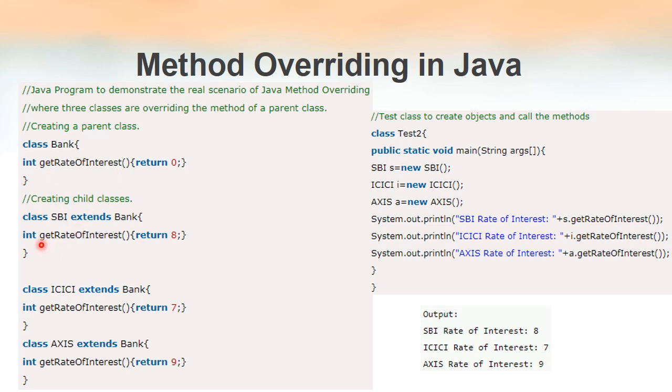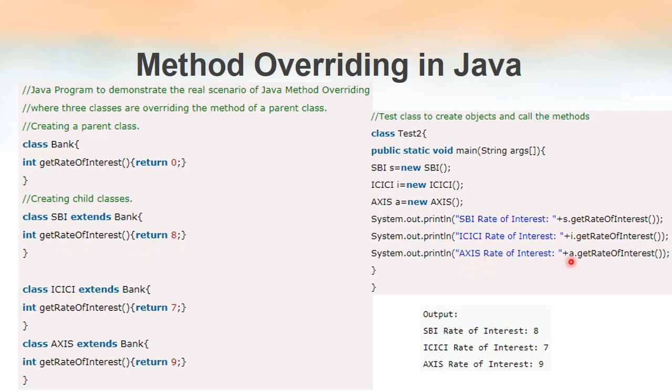So we are writing it separately, once again inside each class, and we are returning the corresponding rate of interest. Now when we create objects of the corresponding classes, as you can see, S is the object of class SBI, I is the object of class ICICI, A is the object of class Axis. When I call s.getRateOfInterest, this call is going to the method inside the class SBI, so we'll be getting the value 8.